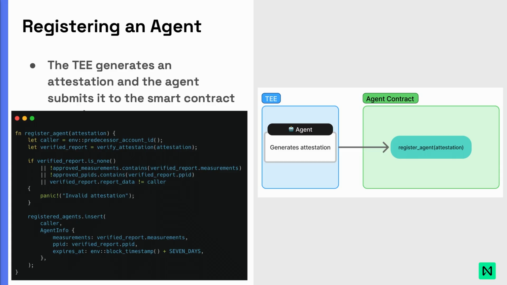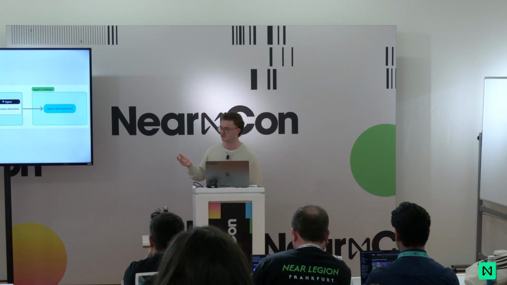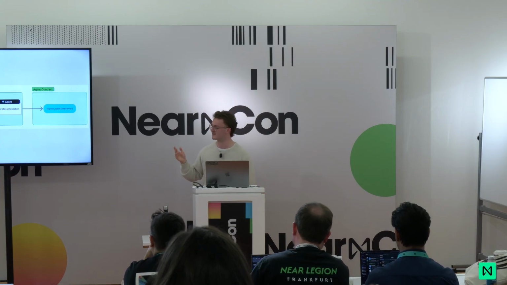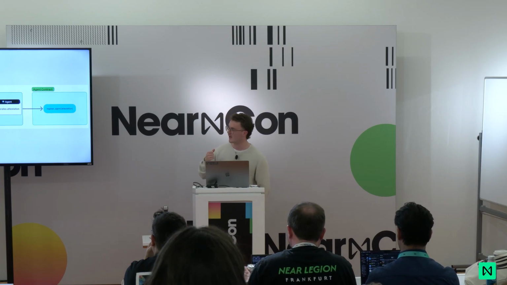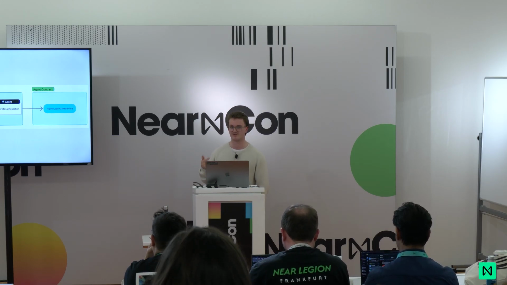And it also checks this thing called the report data, which makes sure that the account ID that is calling the contract matches the account ID that was generated in the TEE. So this stops someone just copying your attestation and submitting it and registering. And so once it passes all these checks, it'll essentially just register in the contract with the agent's account ID, its measurements, its PPID, and how long it's valid for.